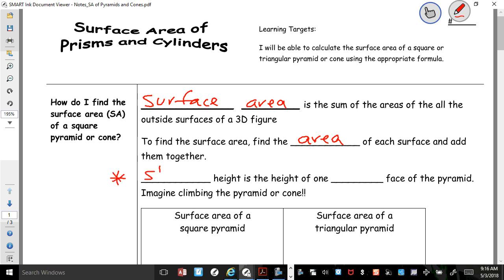Slant height is the height of one lateral face of the pyramid. Imagine climbing the pyramid or the cone, like the outside of it, right? If you're going to try to scale the outside of it, that is slant height. You're going up and it's slanted, right?